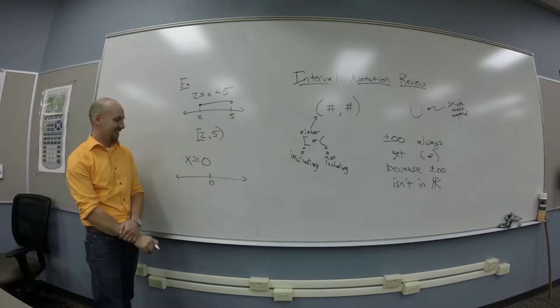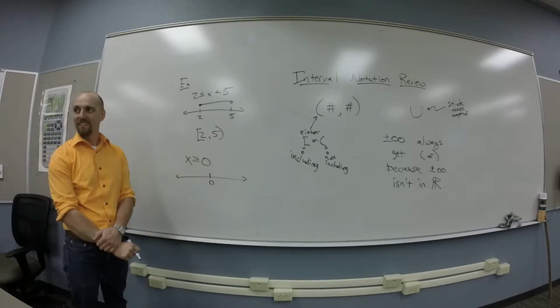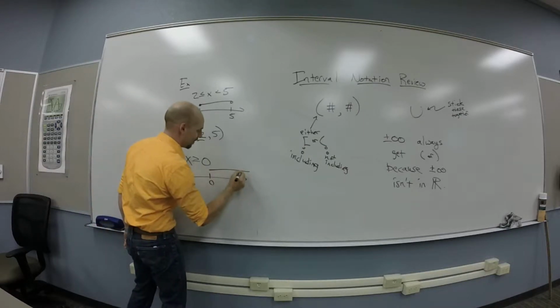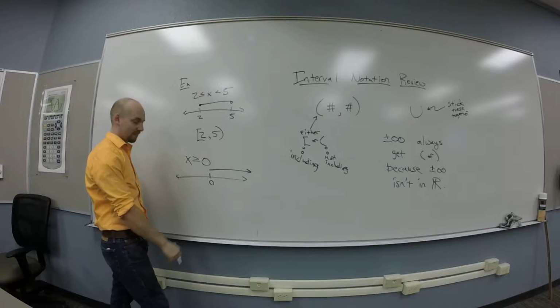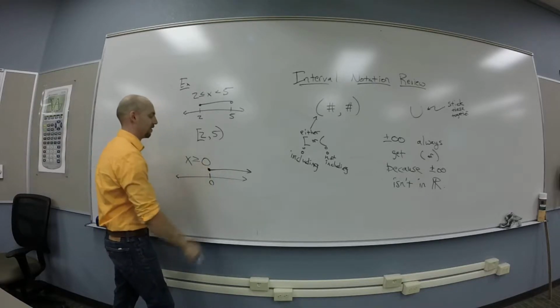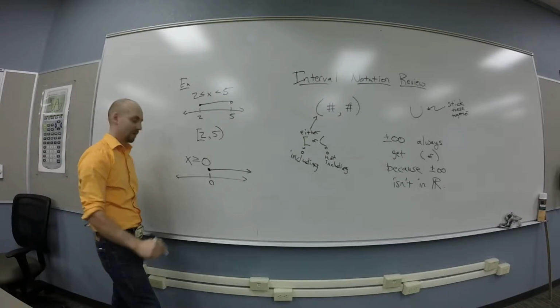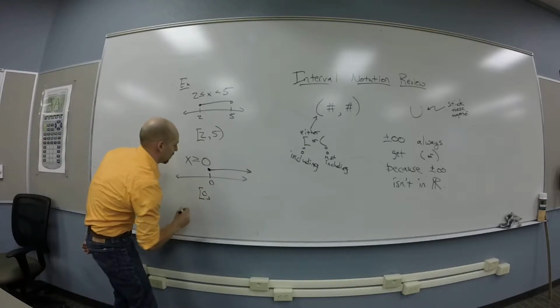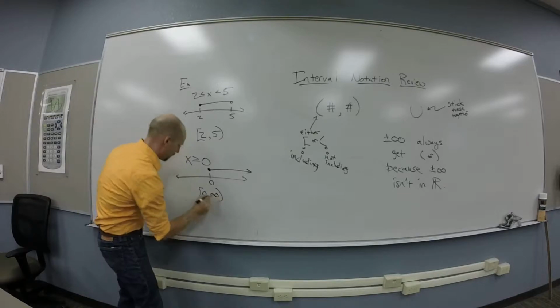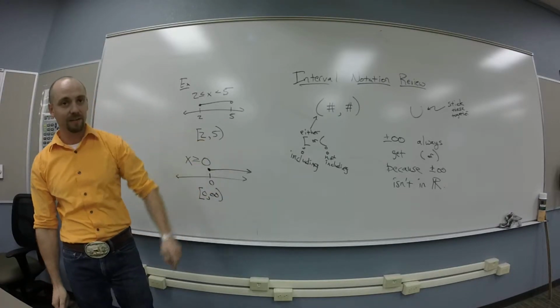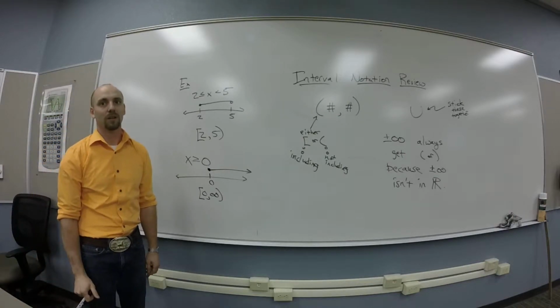It starts at 0 and goes to infinity, because x is bigger than 0, and it's a closed dot. So I would write closed bracket 0, comma, infinity, open bracket. And the bracket on infinity is open because it's not a real number.